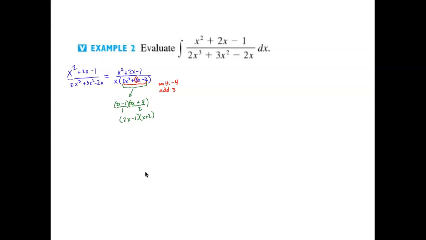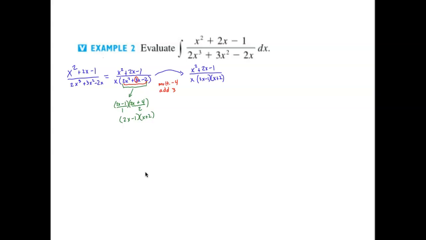All right, so here's what we got. We now have x squared plus 2x minus 1 over x times 2x minus 1 times x plus 2.